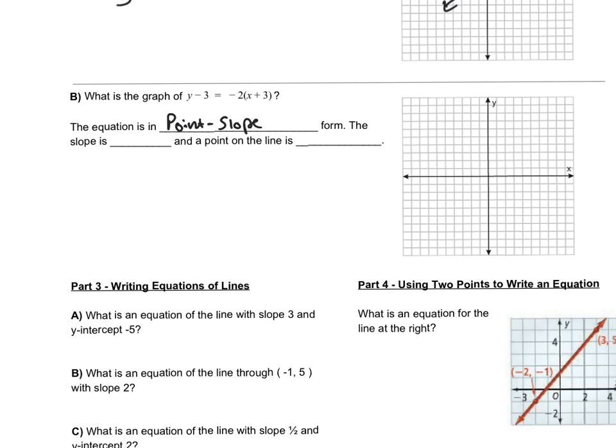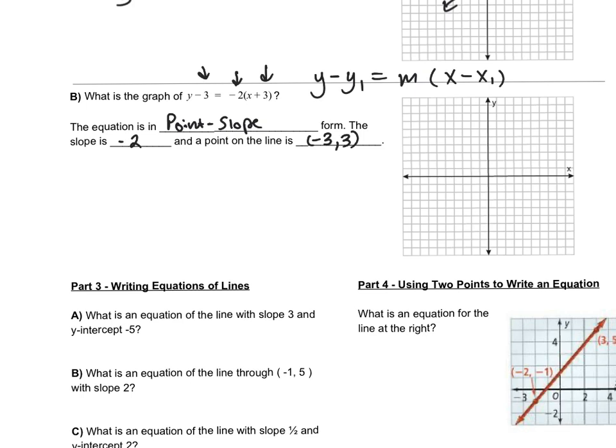And the slope is negative 2, and the point on the line is negative 3, 3. So we have a negative 3 here and a +3 here, because remember, the point-slope form is y minus y1 is equal to m times x minus x1. So x1 is -3, y1 is +3.